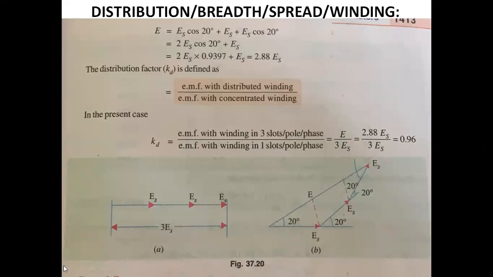Okay, so see here, 36 slots total and 4 poles. Under each pole, how many slots will be divided? 36 by 4, right?